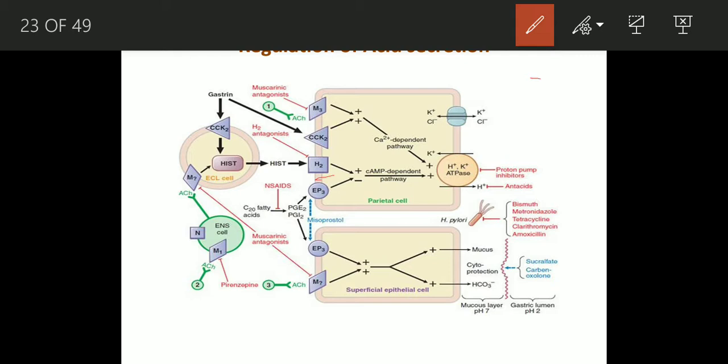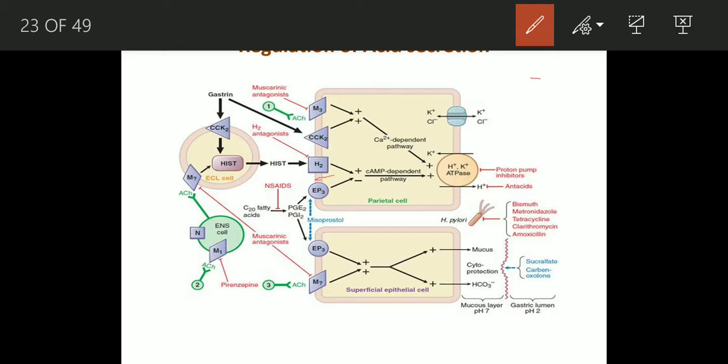Also, both acetylcholine and gastrin, that is the neurocrine as well as the endocrine pathways, can act through the ECL cells, that is the receptors are present on ECL cells, so that they are responsible for histamine release. That's why the paracrine pathway makes a major contribution towards the regulation of acid secretion.